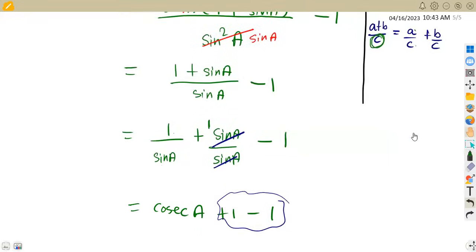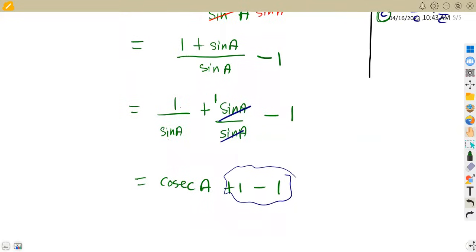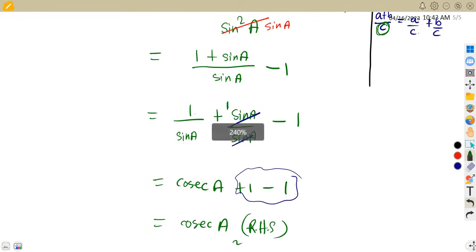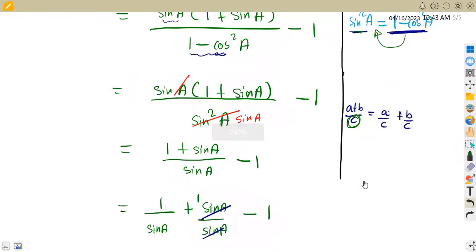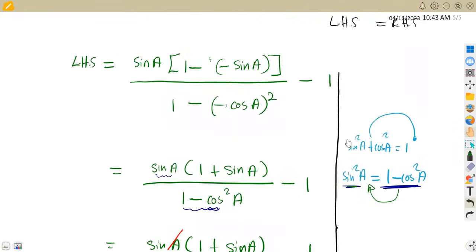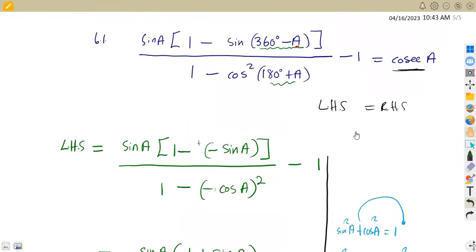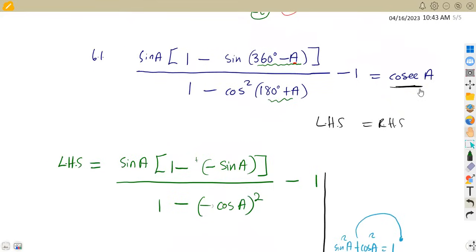So in this whole part, we are going to remain with the cosec of A. So this is just going to be cosec A, which is equivalent to the right-hand side in this case. If we check here, the right-hand side is equal to cosec of A.